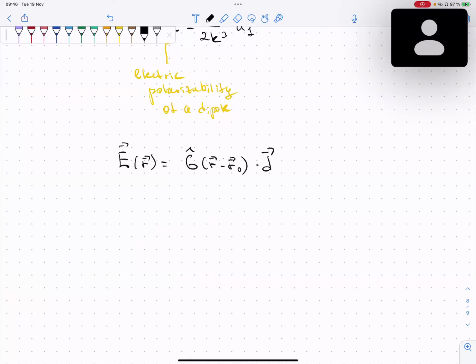So basically, we can express this Green function in terms of vector spherical harmonics.